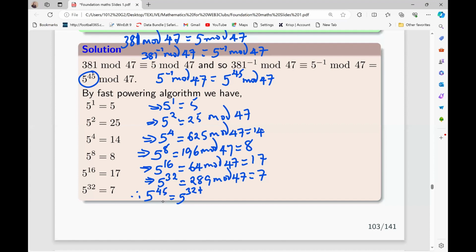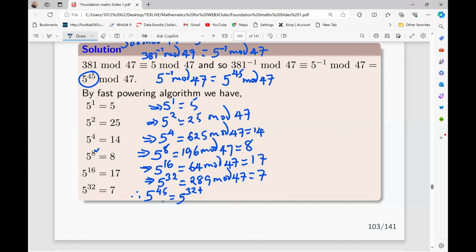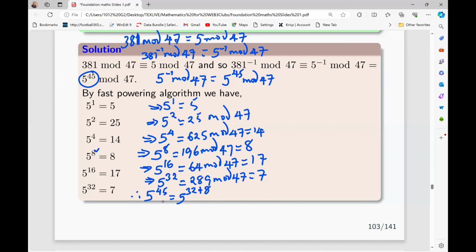But 13 is not among the powers that I have. 16 is more than 13, so I don't require it. But I may require the 8, so that this gives me 40. I'm left with the 5 to add here.